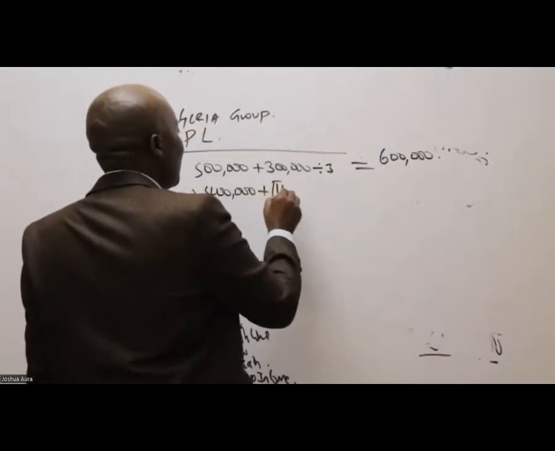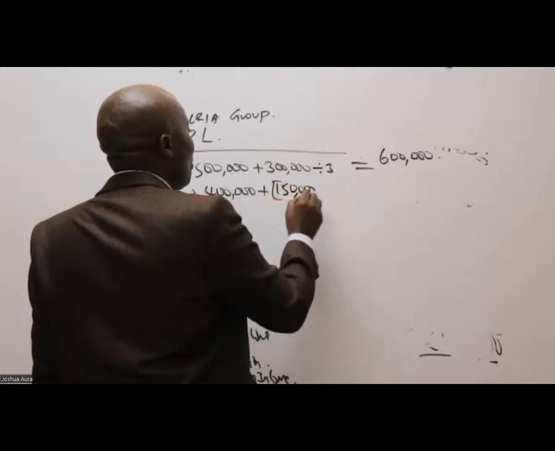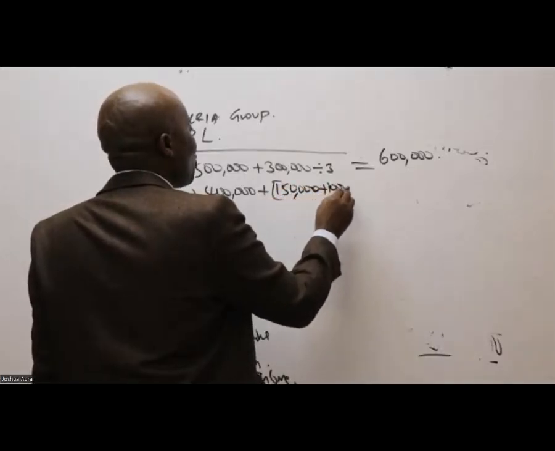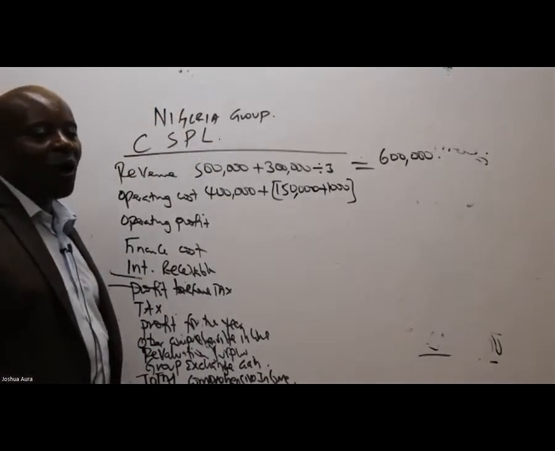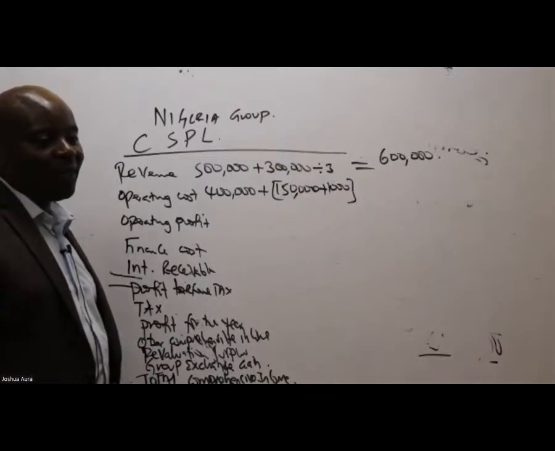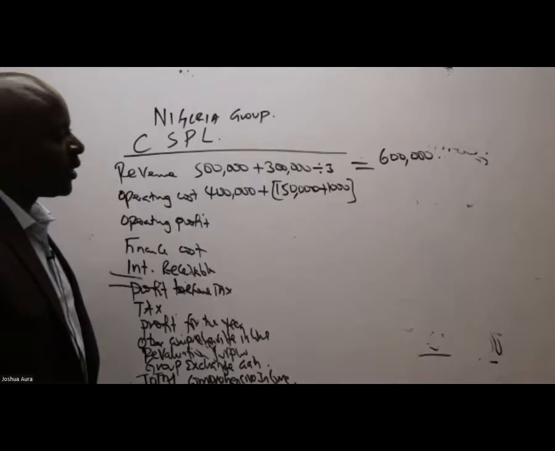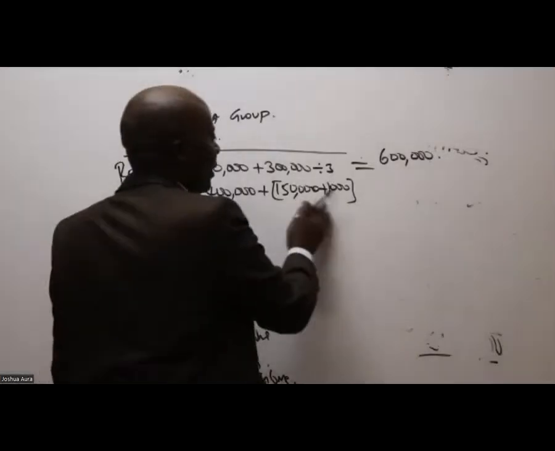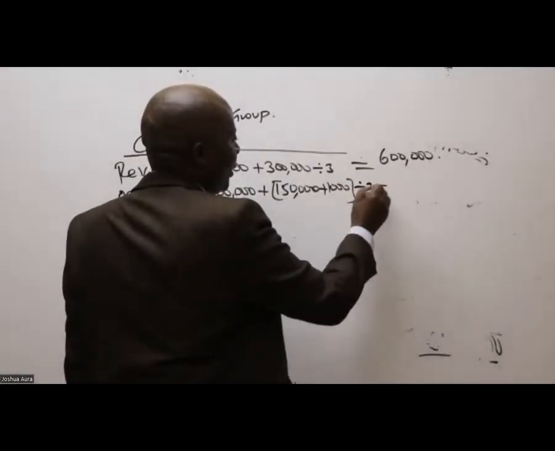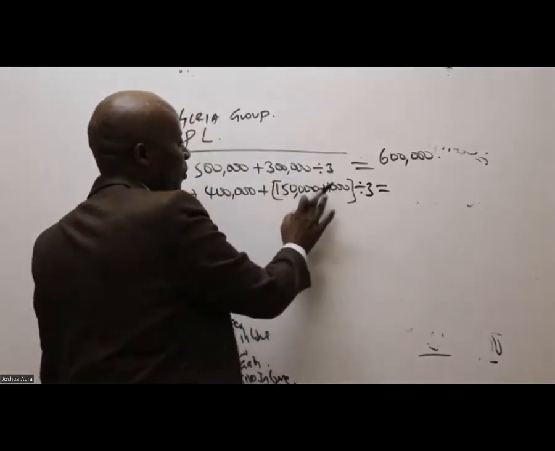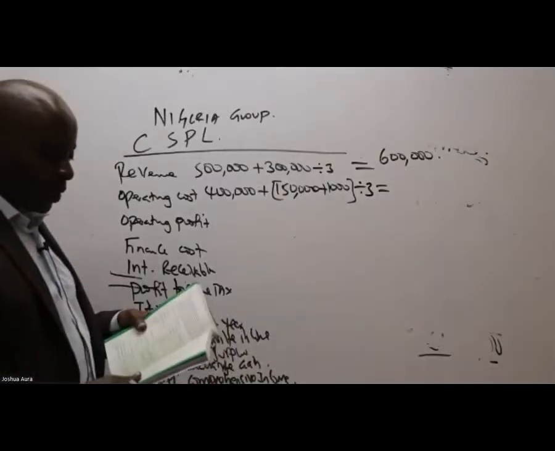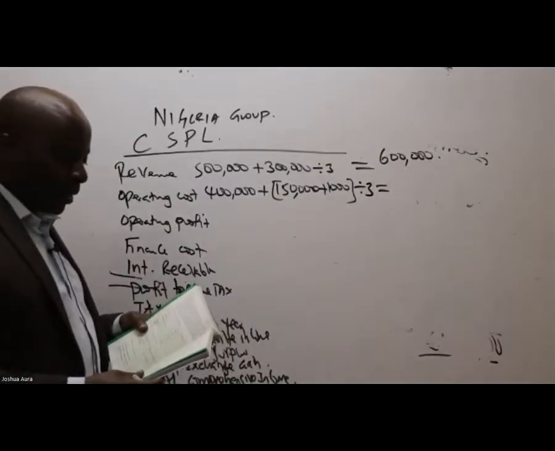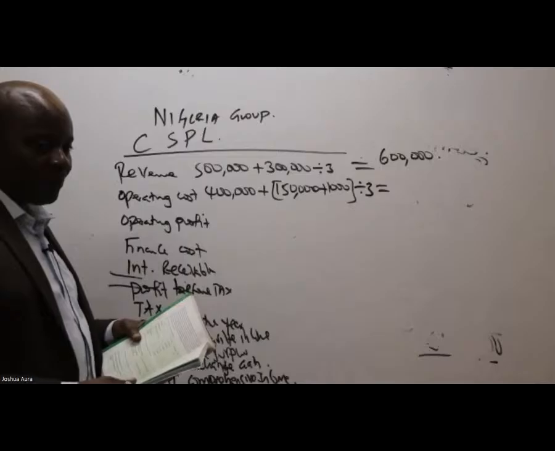But remember, there is another operational cost that so many people will forget. There was an additional depreciation which came because of the fair value adjustment. That automatically goes to operations. These two are in DNs, so they have to be divided by 3. So please take 400,000 plus 151,000 divided by 3. Give me a figure to write there.